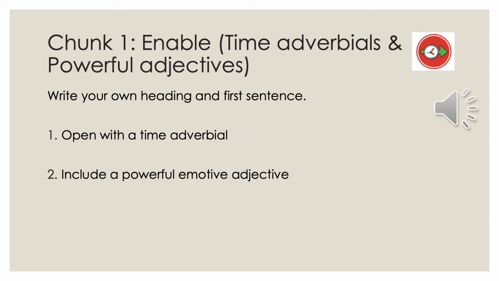It must open with a time adverbial. Use the ones from the initiate stage that you listed. It must then include a powerful emotive adjective. So in that second stage of initiate, you came up with some powerful adjectives and I gave you some examples. So use one of those in that first sentence.